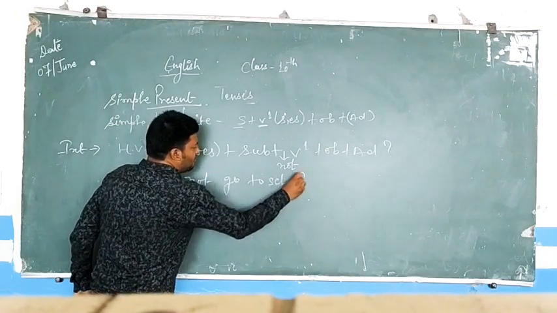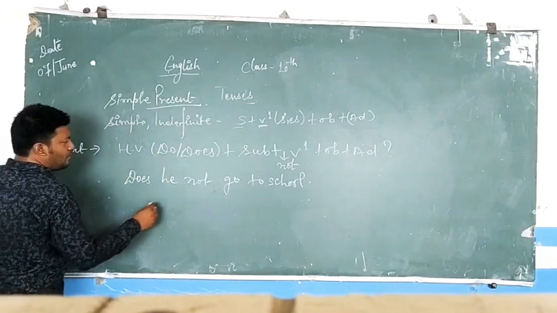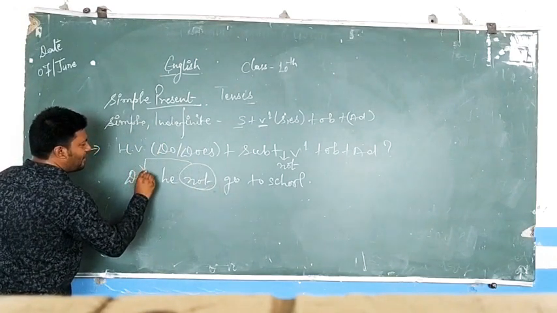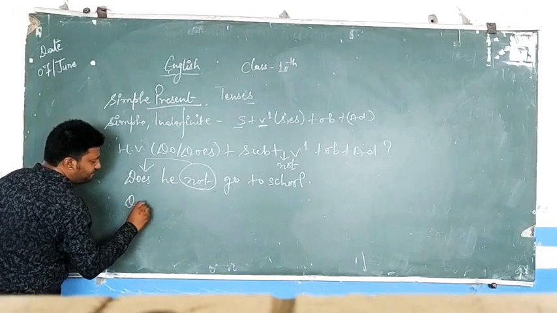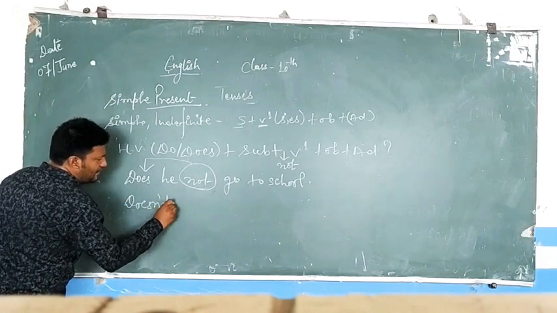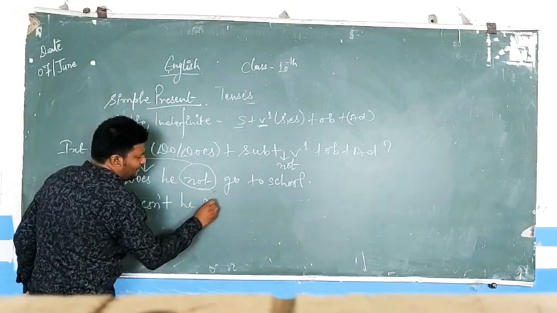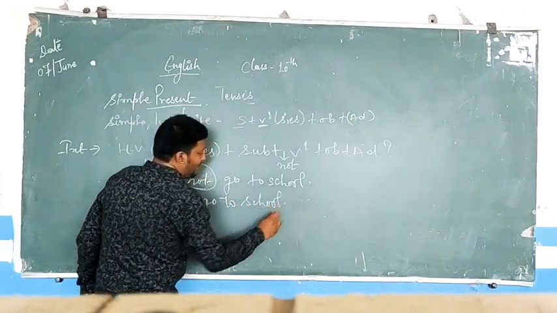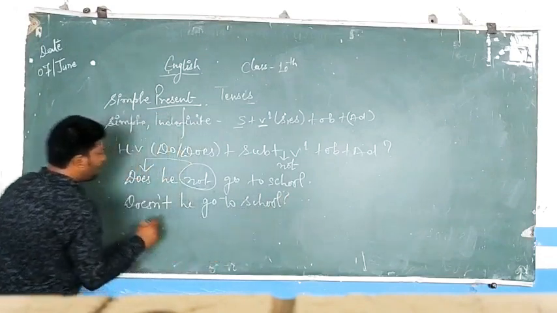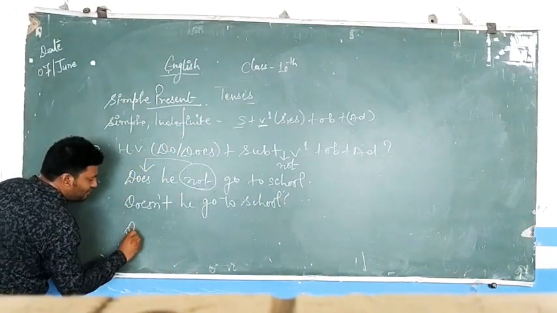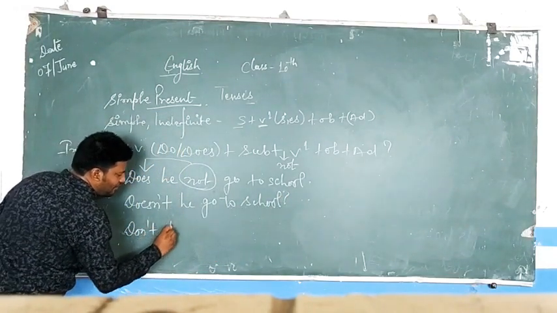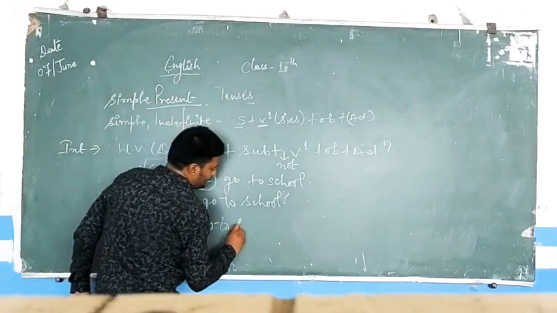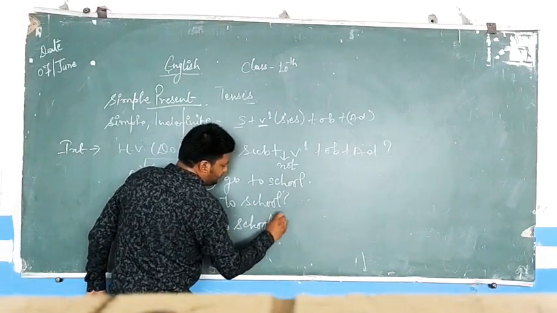Or if you want to use the contracted form of it, then pick this not and put it here. Does becomes doesn't he go to school, whereas do becomes don't you go to school.